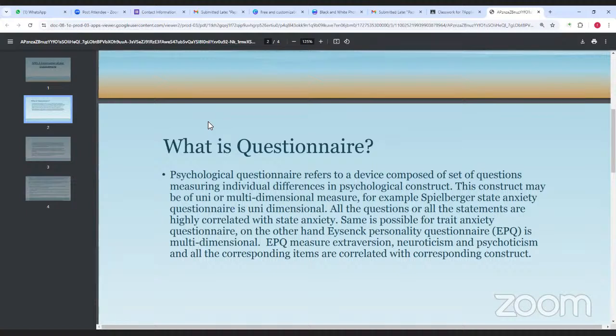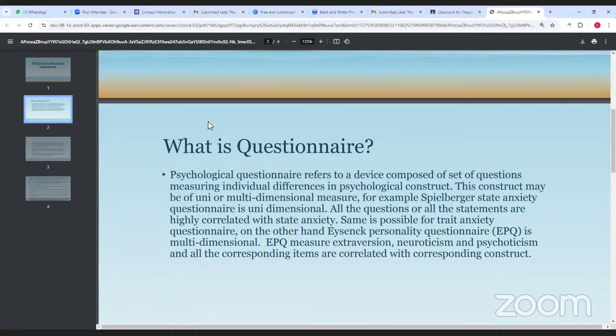Do you understand this? That means the questionnaire can be unidimensional or multidimensional. Multidimensional means the construct has been defined from multiple perspectives.